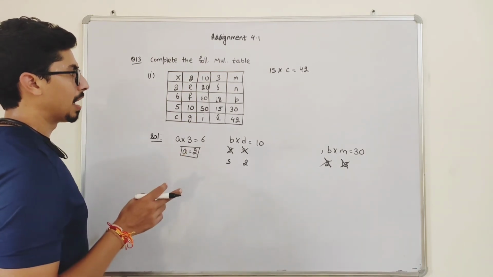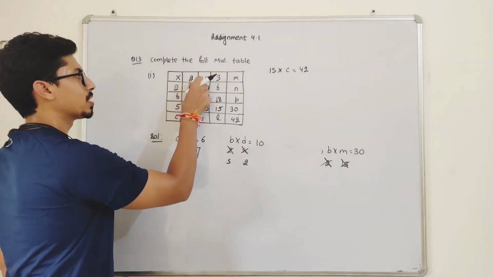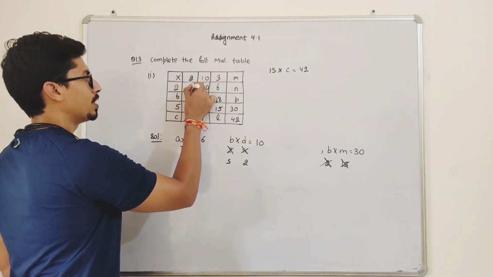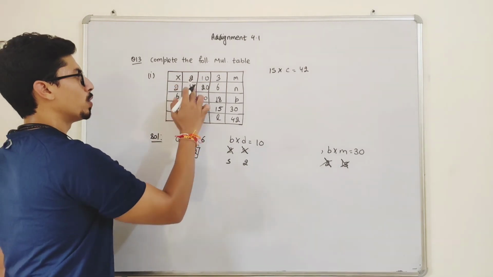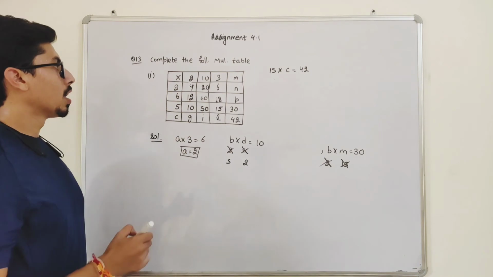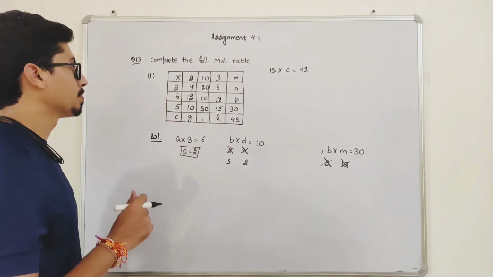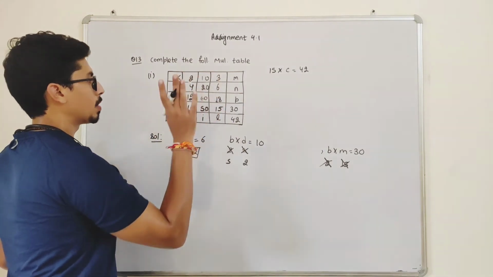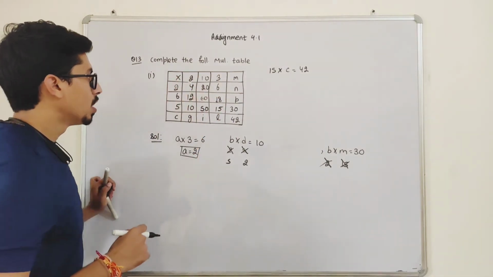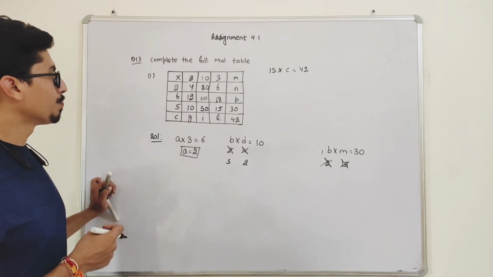Now the only number left is C, this E. Now 2 into 2 is 4. 6 into 2 is 12. Now this is left. 2 into M, M I don't know. 6 into M, I don't know. So let's just take some other examples also now.